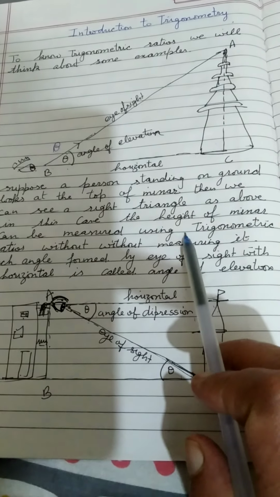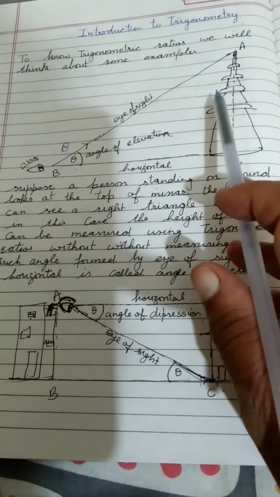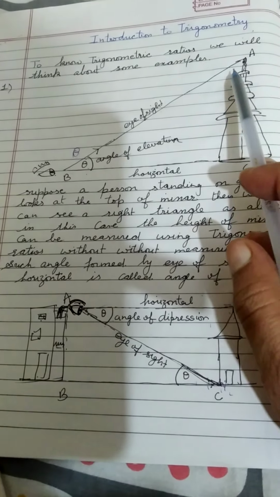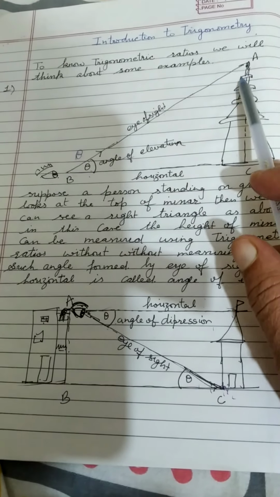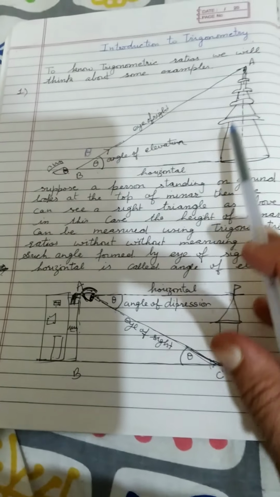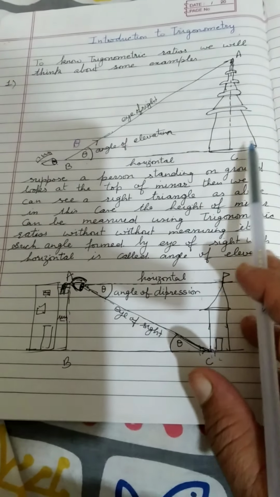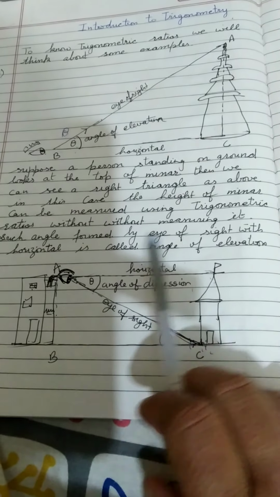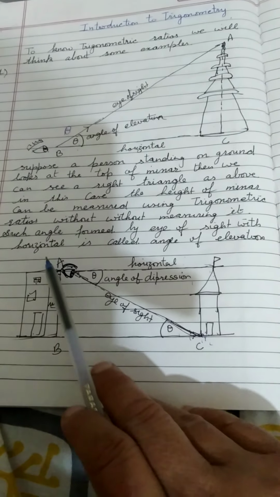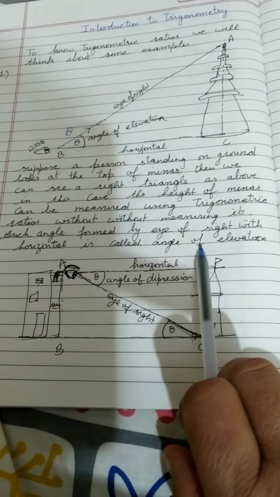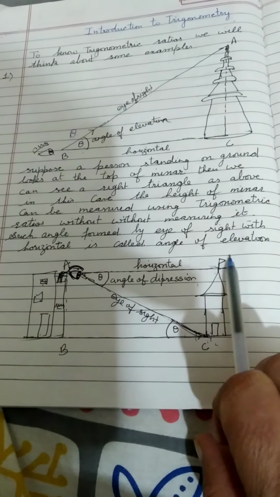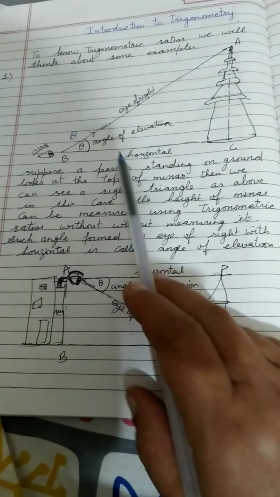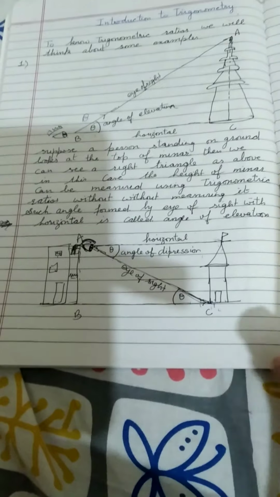In this case, the height of the minar can be measured using trigonometric ratios, without measuring it directly. The angle formed by the line of sight with the horizontal is called angle of elevation.